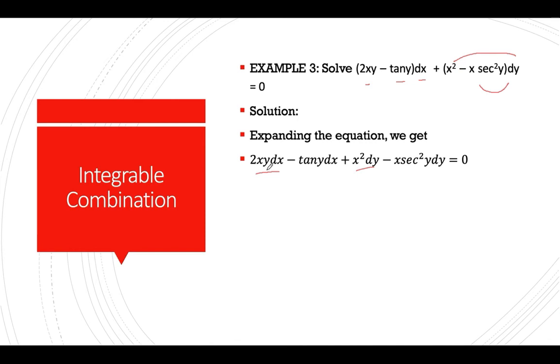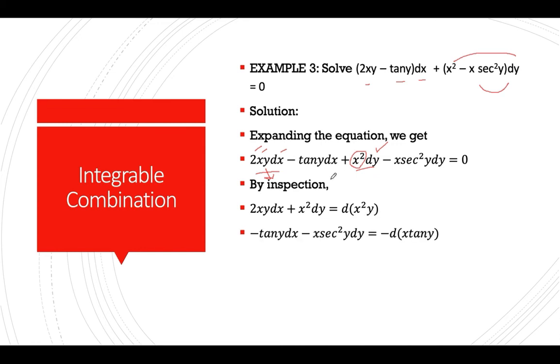If you get the derivative of y here, that gives you dy, and if you get the derivative of x squared, that will give you 2x dx, and therefore the two terms are exact differential by inspection and can be written as derivative of x squared y.